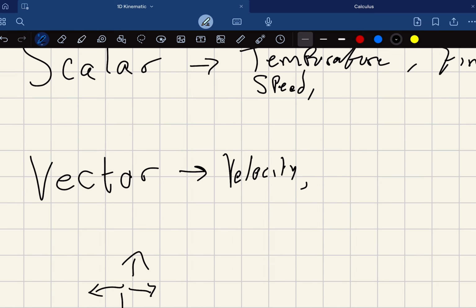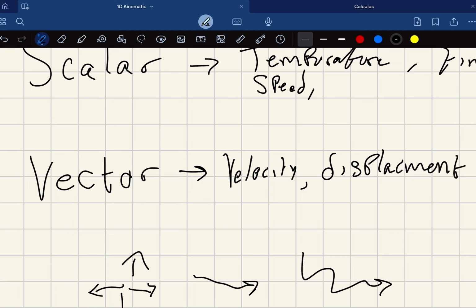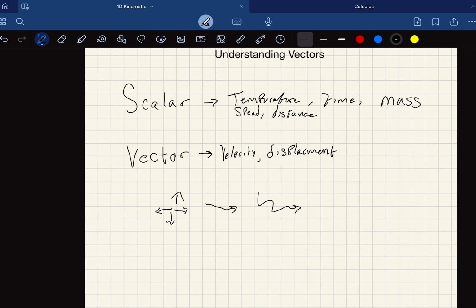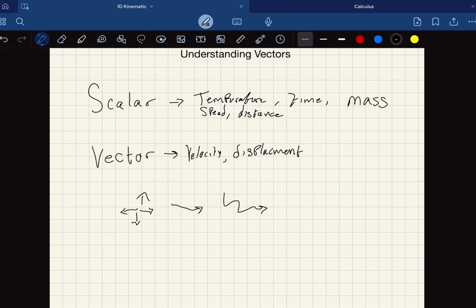And then displacement, you could have a displacement this way, you could have a displacement this way, which all have direction. So displacement is a vector. However, distance is the absolute value of displacement, so distance would be a scalar. There are many other vectors and scalars, but this just gives you a concept of it.